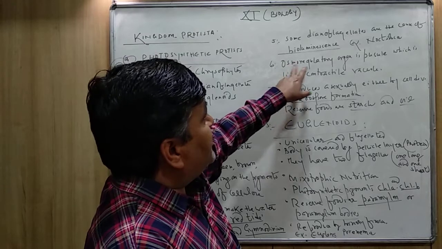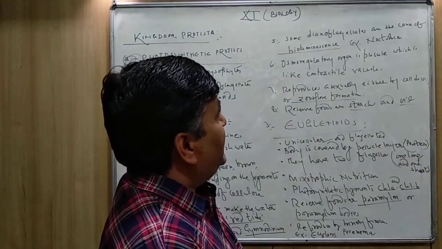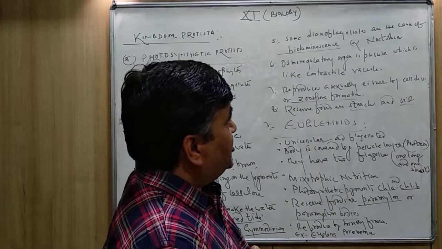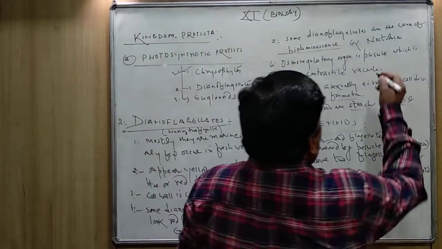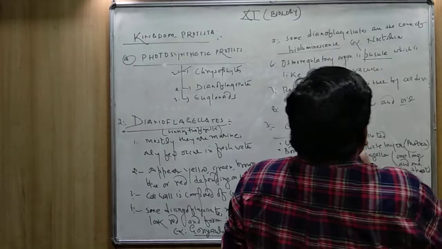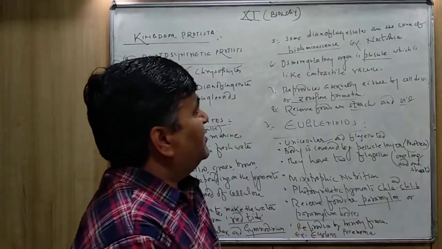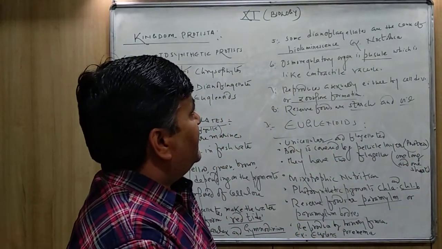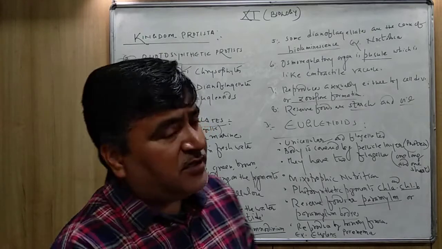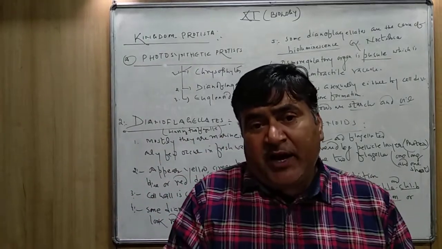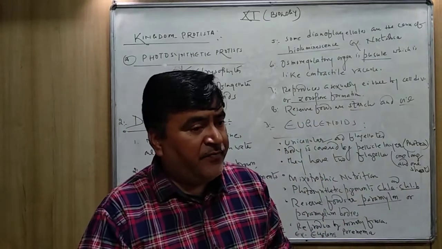Now, the osmoregulatory organ is the pusule, which is like a contractile vacuole. The pusule is the osmoregulatory organ of the protist. What do you mean by osmoregulatory organ?